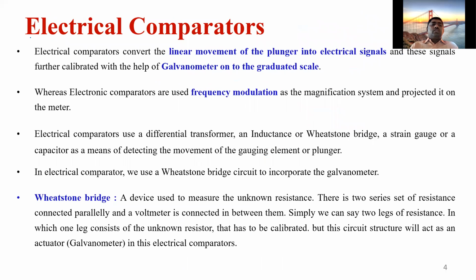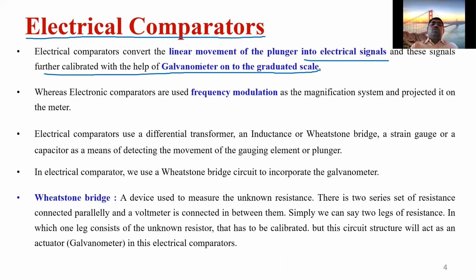Coming to today's class, the first one is the electrical comparator. This electrical comparator converts the linear movement of the plunger into electrical signals. And these signals are further calibrated with the help of a galvanometer on the graduated scale.